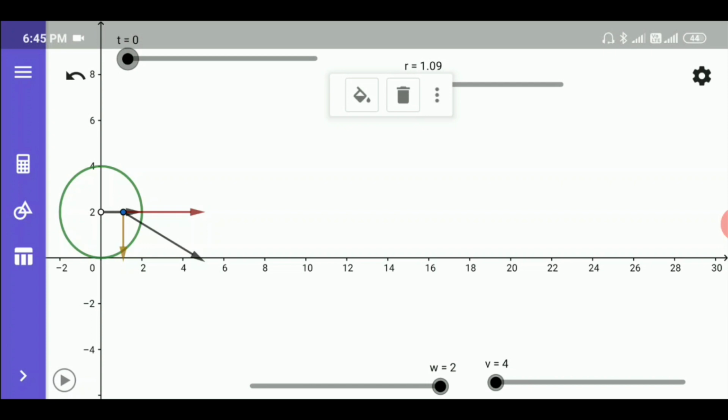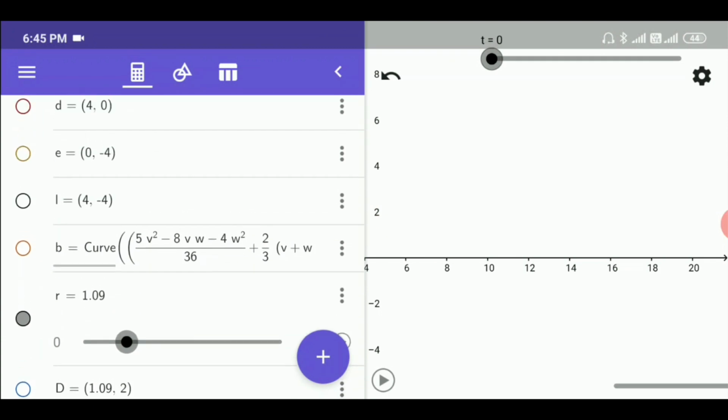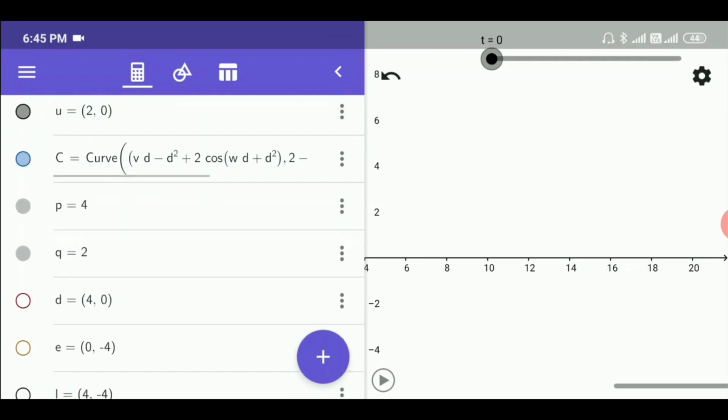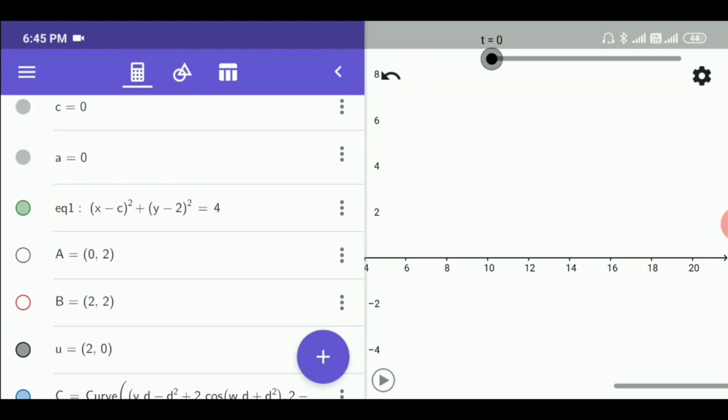Now we are heading to spot the trajectory of the point of the disk as it moves over the surface. First we will consider the point on the circumference. So we will remove all this, and we bring back the previous point, the red point.